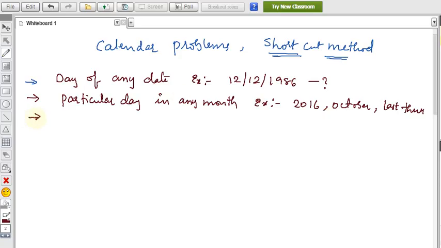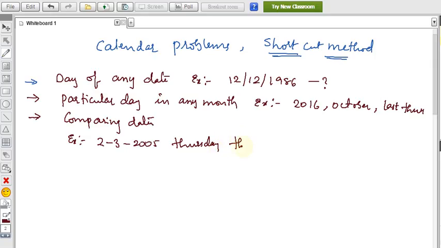Now the third type is comparing dates. For example, if March 2nd 2005 is a Thursday, then what day will come on November 12, 2007?